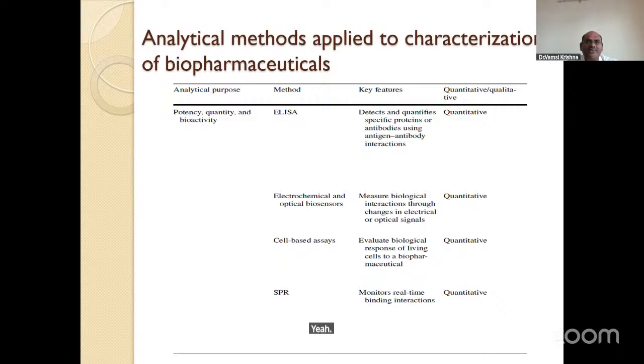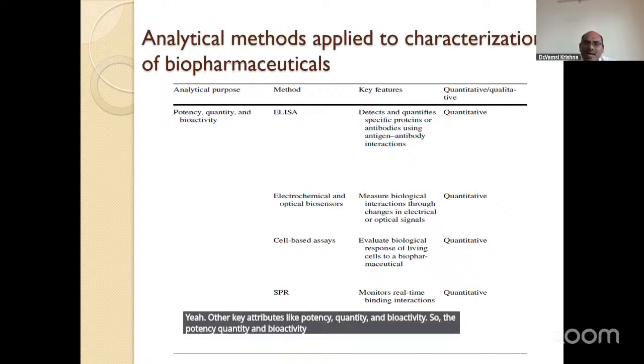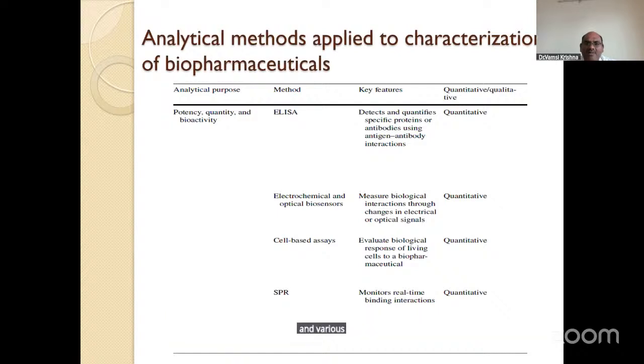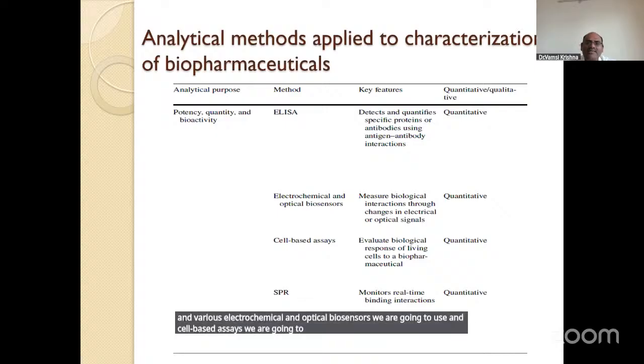Other key attributes are potency, quantity, and bioactivity. To determine potency, quantity, and bioactivity, we use techniques like ELISA, enzyme-linked immunosorbent assay, various electrochemical and optical biosensors, cell-based assays, and the surface plasmon resonance (SPR) technique.